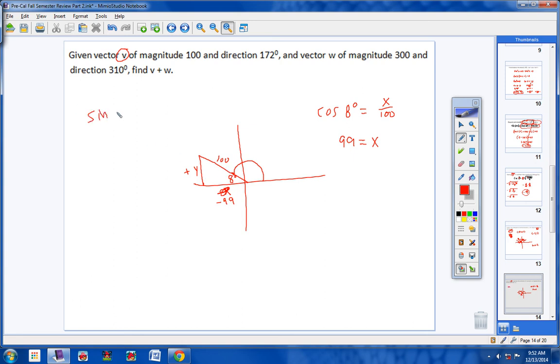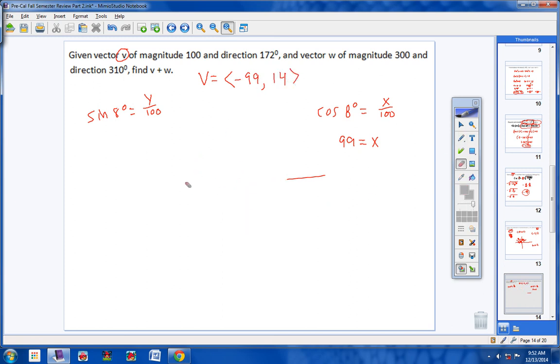So sine of 8 degrees equals opposite over hypotenuse. Multiply both sides by 100. And we'll get 100 times the sine of 8 degrees as 13.9. So I'm going to put 14. So vector v in component form is negative 99, comma, 14.